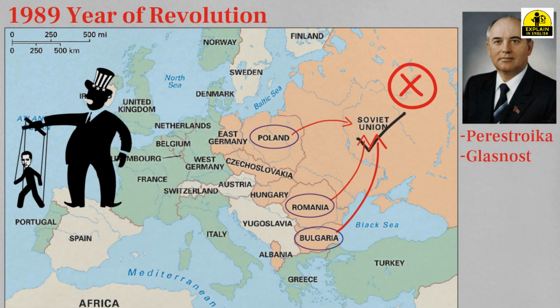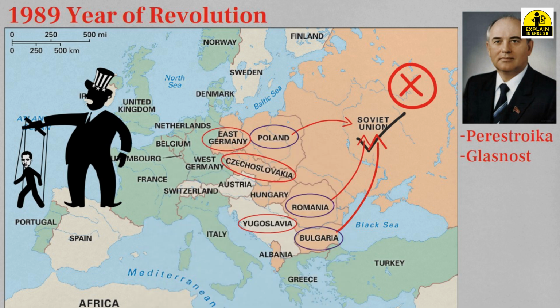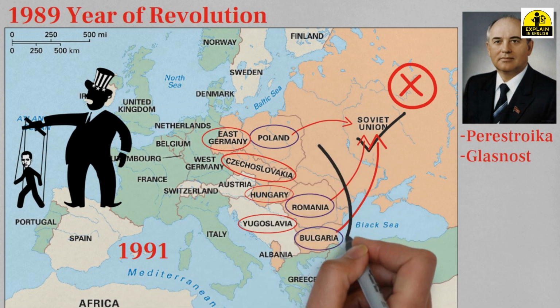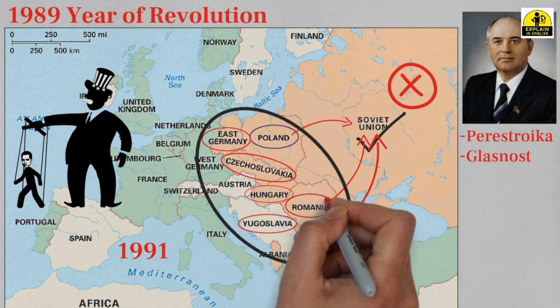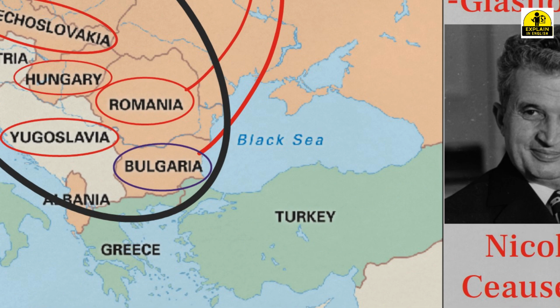Moreover, these revolutions to remove communist governments started spreading in other countries as well, like Yugoslavia, Czechoslovakia, East Germany, and Hungary. In 1991, communist governments were toppled in all countries except Romania. That was because of its dictator, Nicolae Ceausescu. Sorry for the wrong pronunciation.